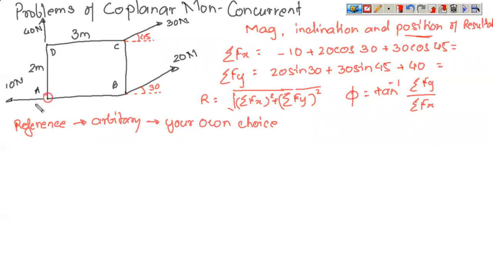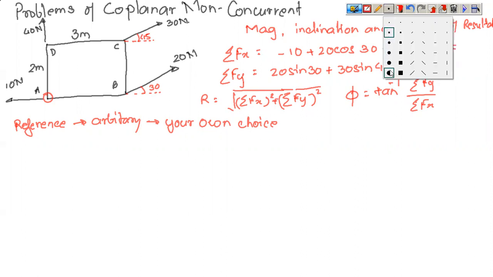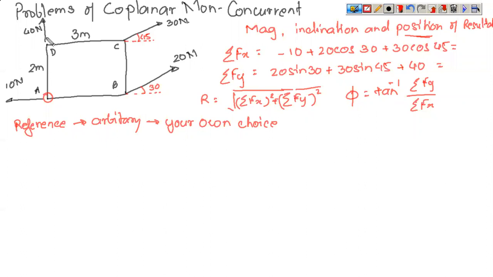So once we have decided A as our origin, to make things understandable to you, we'll mark a location, and let us draw a rough line.